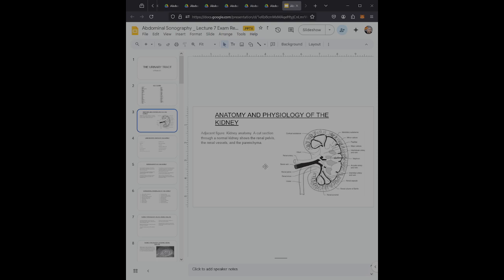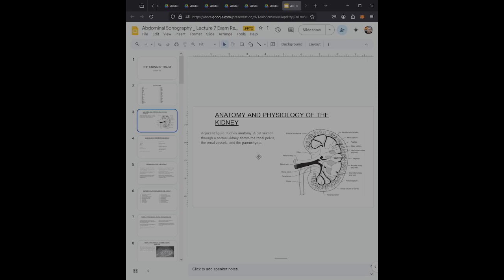So just to reiterate the oxygenated blood flow. Blood flows down through the abdominal aorta into the renal artery branches, and then the renal arteries enter the renal hilum.